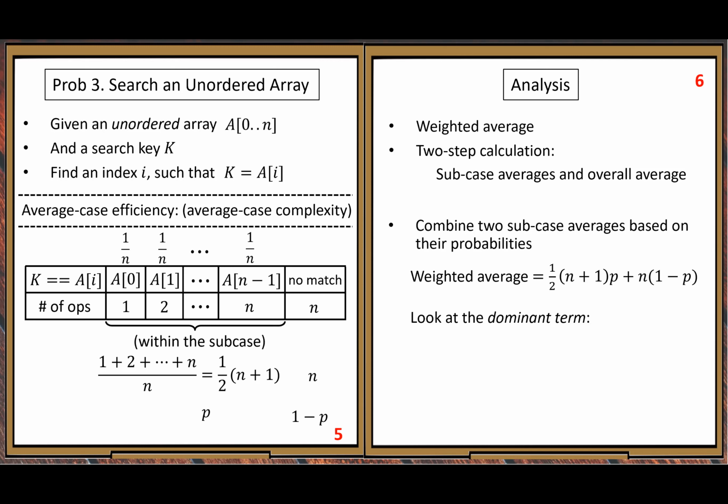Here you can see we have many terms. Some term dominates other terms. That's important. Here you can see this +1 is not important, because it's small. If we look at the number, especially when the number is big, this +1 is very little.